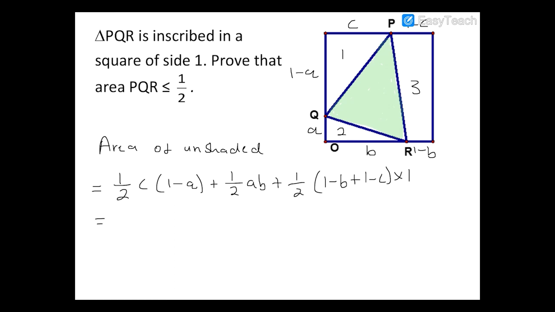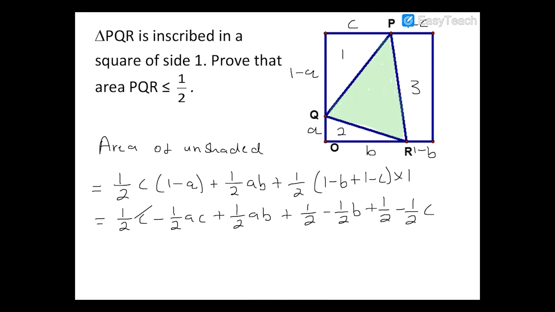So let's try to simplify this further. Now we get a half C minus half AC plus half AB plus half minus half B plus another half minus half C. Okay, so you can see that this term here cancels out with that term there, and we have a half and half, which will give us 1.